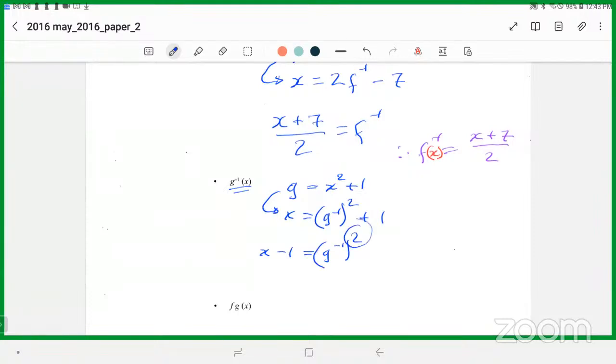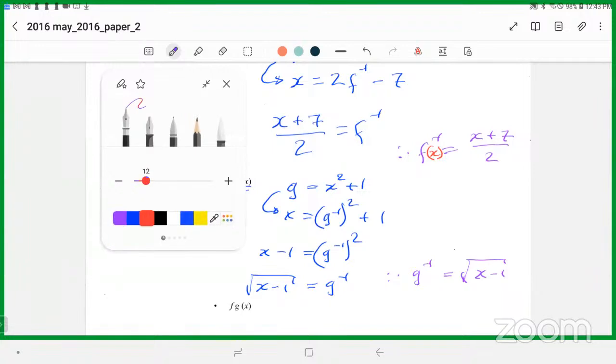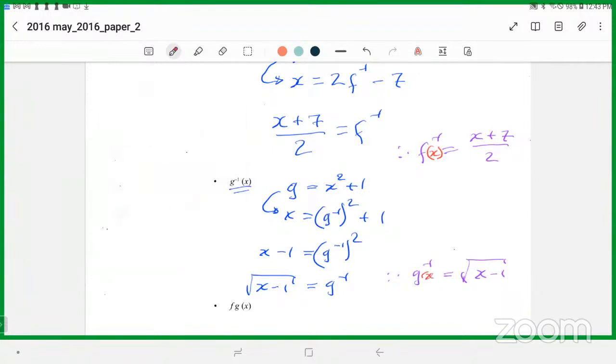We want to get rid of the square, so we take the square root both sides. Therefore, g to the -1 of x is the square root of x minus 1.